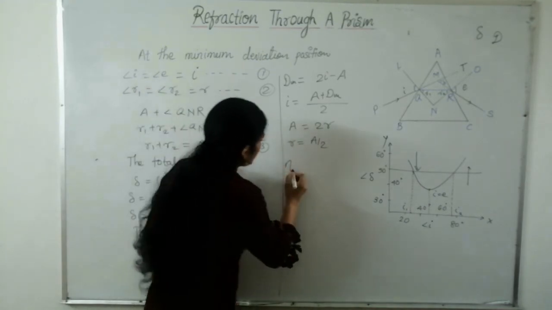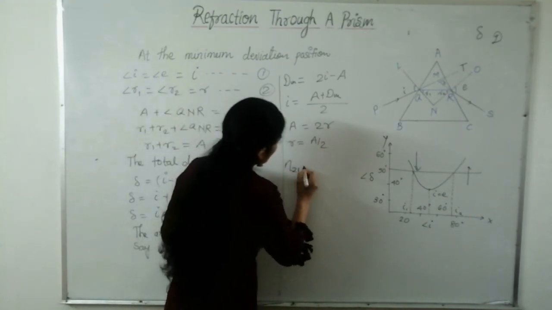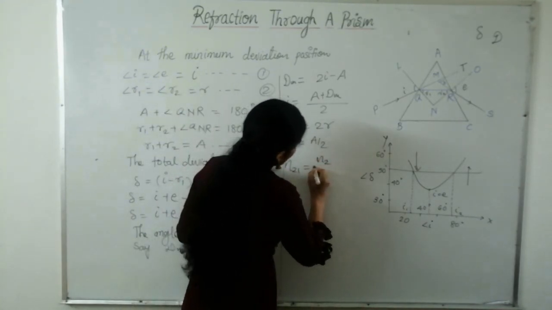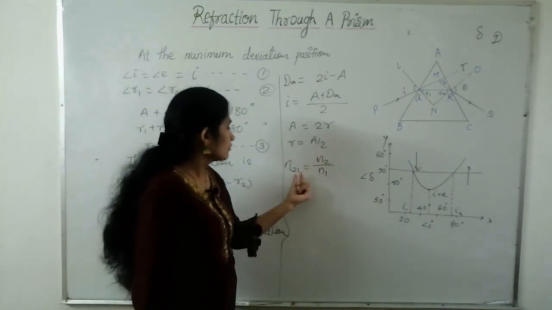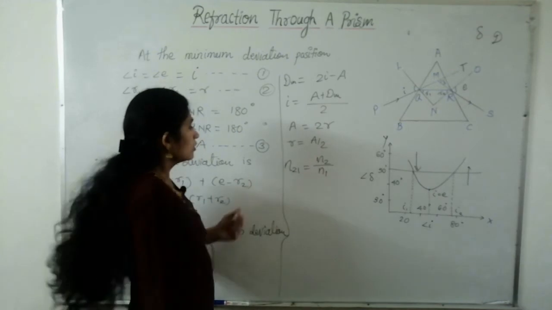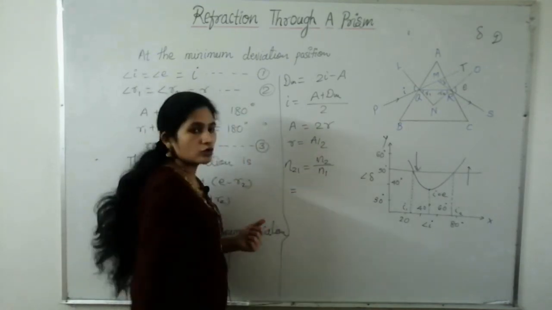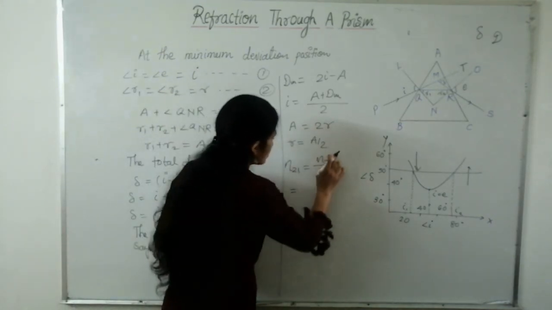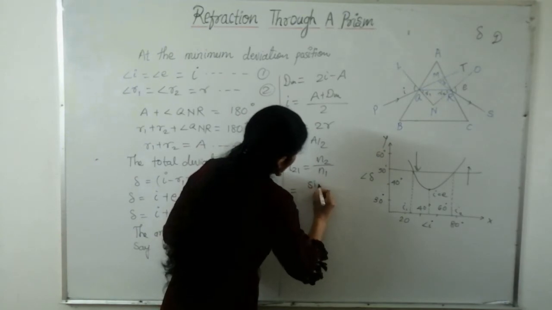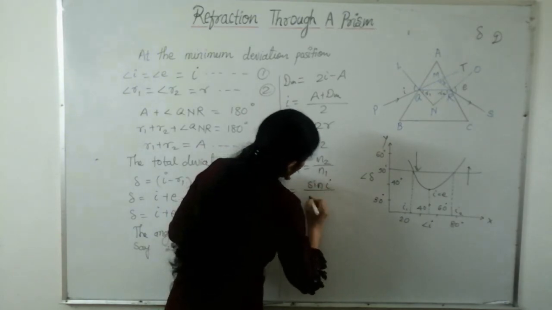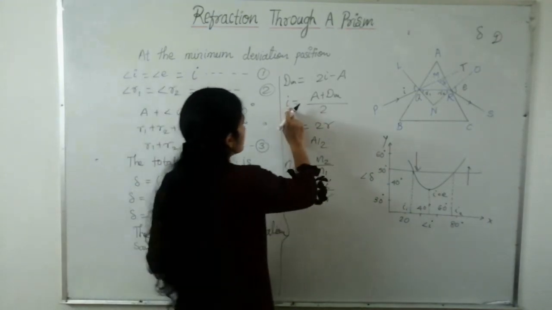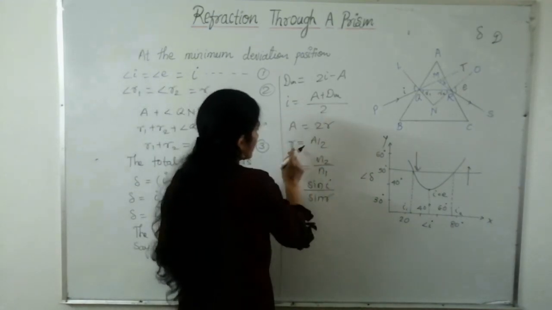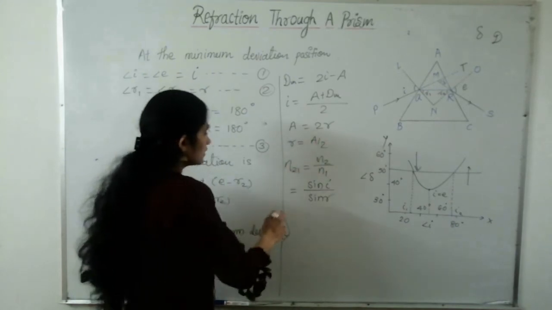Now we know the refractive index of the prism, which is n21 is equal to n2 divided by n1, that is the refractive index of the second medium with respect to the first, which is given by Snell's law. According to Snell's law, you can write sine of i divided by sine of r, where the value of i is this and r is equal to A by 2.